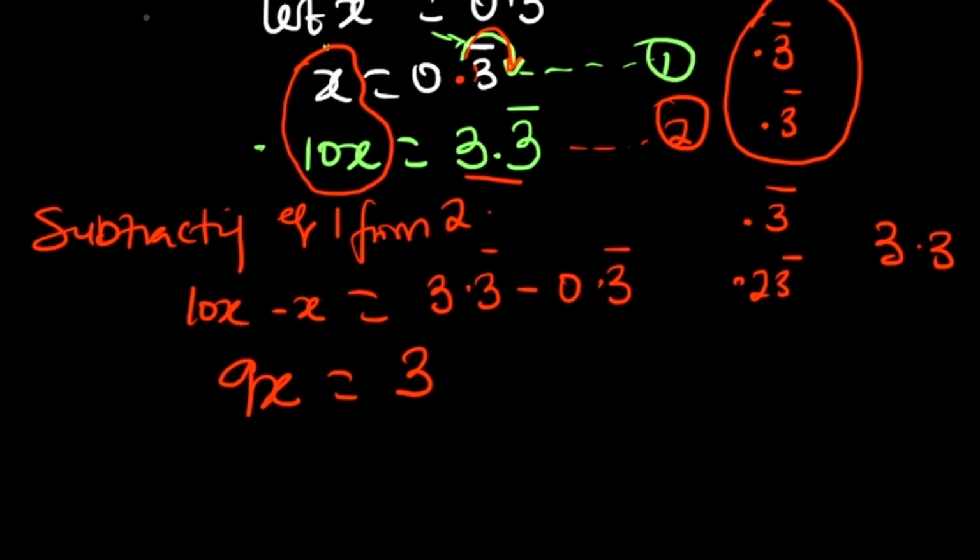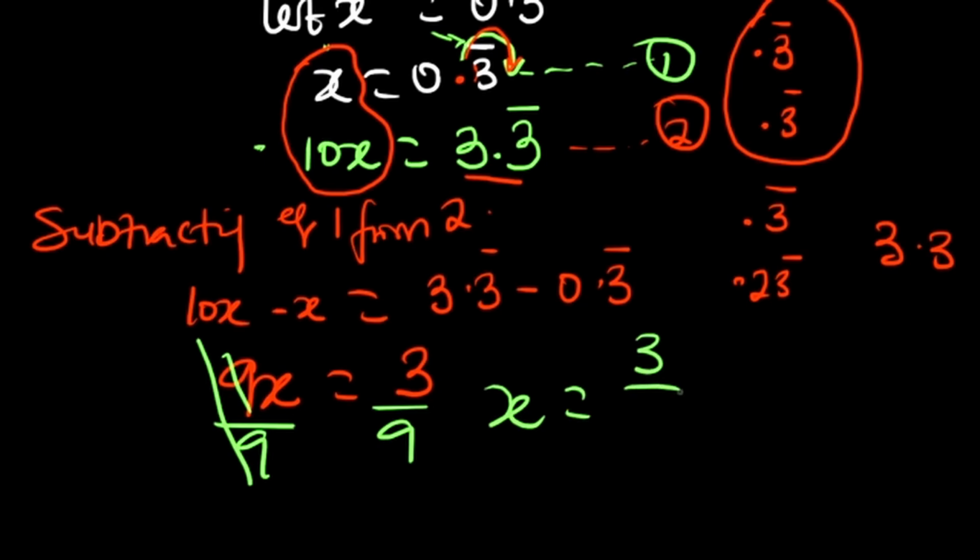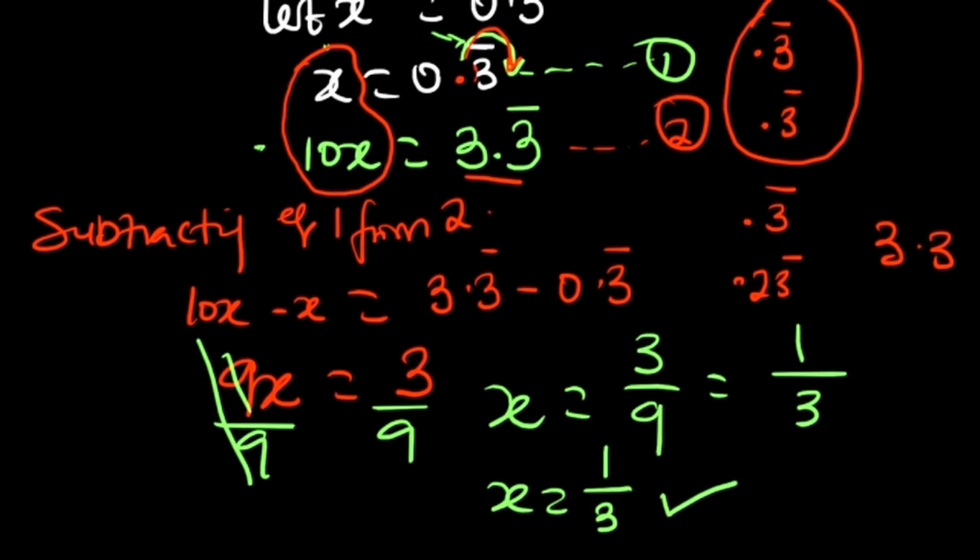To solve for x, we simply divide both sides by 9. They cancel out. We now have that x is equal to 3 over 9, and if 3 divides itself, we have a 1. If it goes into 9, we have a 3. That means that x is now equal to 1 over 3, and this is our answer.